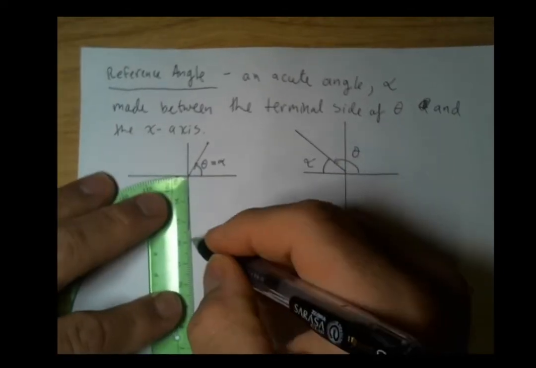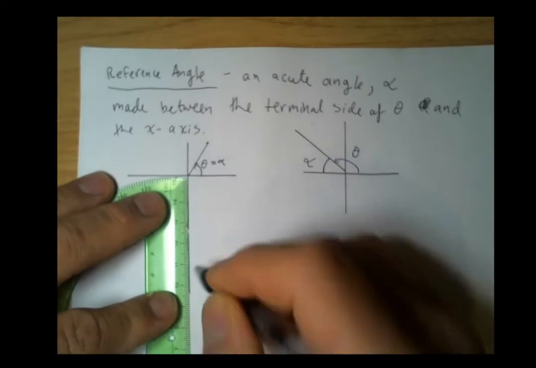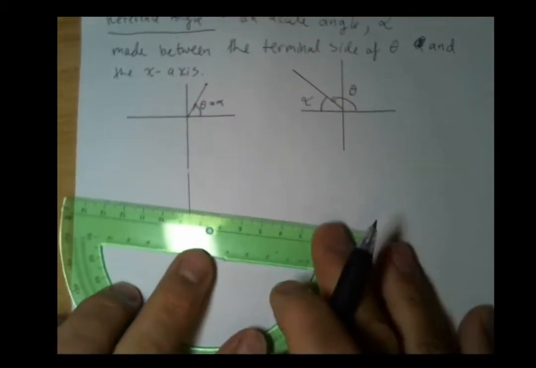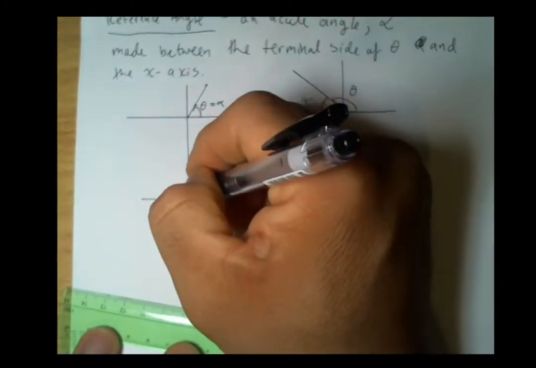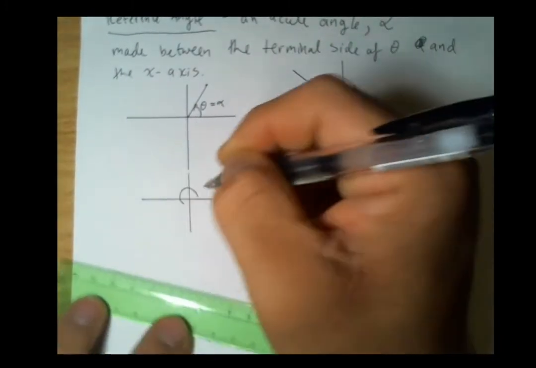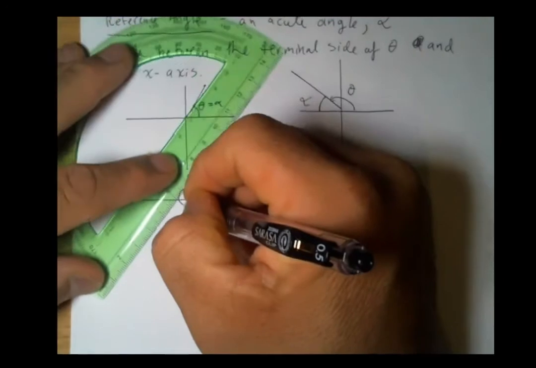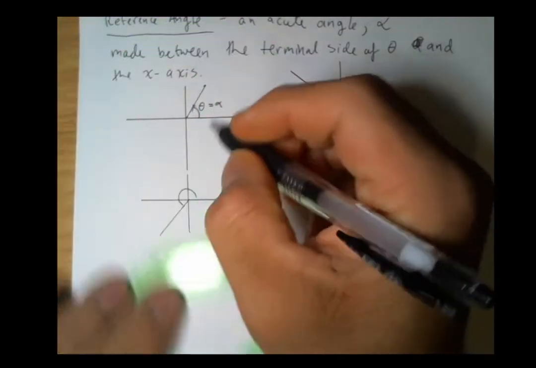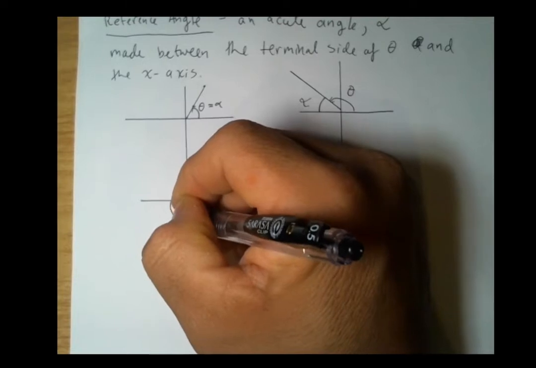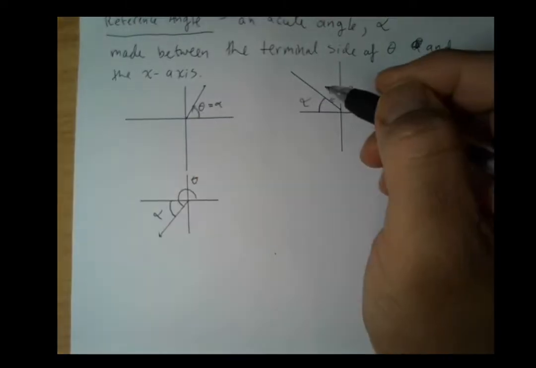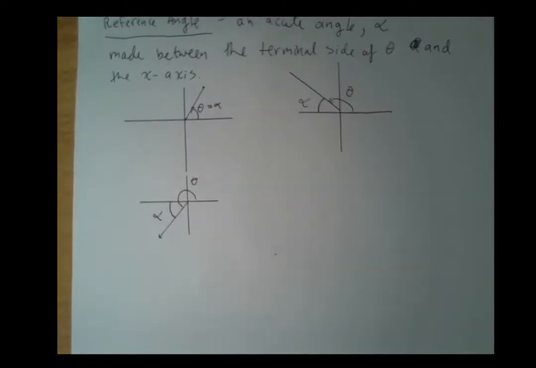And if we're in quadrant three, let's say our theta was this angle here, then this angle will be our angle alpha, our reference angle.